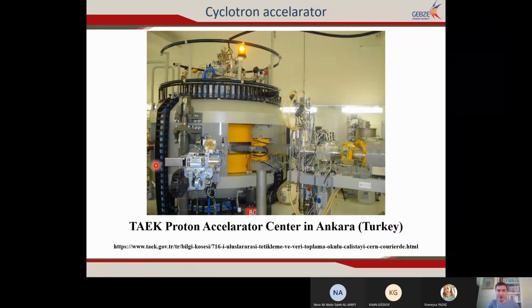This is a picture of a cyclotron accelerator. This is the Proton Accelerator Center in Ankara within the campus of TAEK, the Turkish Atomic Energy Agency. So what do you see here? Look at this yellow color. These are the magnet poles, these ones, okay?